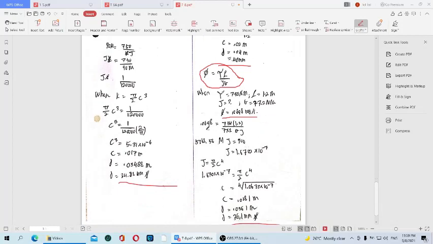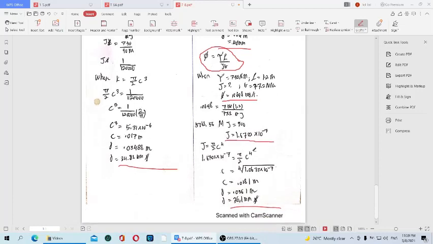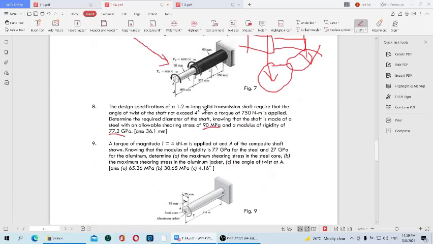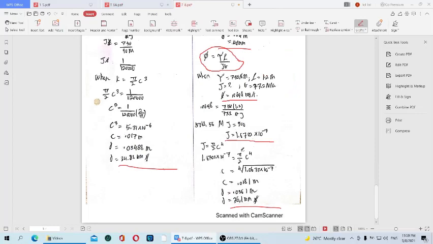So you insert all of the data into the equation and leave out the value of J alone. Since we are dealing with a solid transmission shaft, the polar moment of inertia is pi over 2 times C to the power of 4.